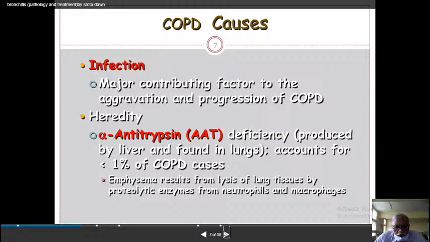The emphysema results from lysis of lung tissues by proteolytic enzymes from neutrophils and macrophages.